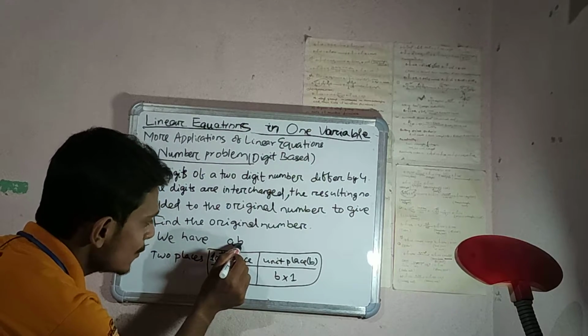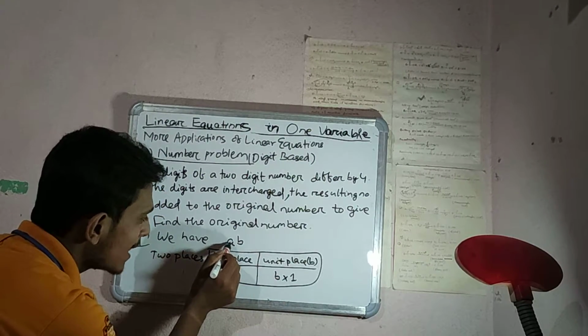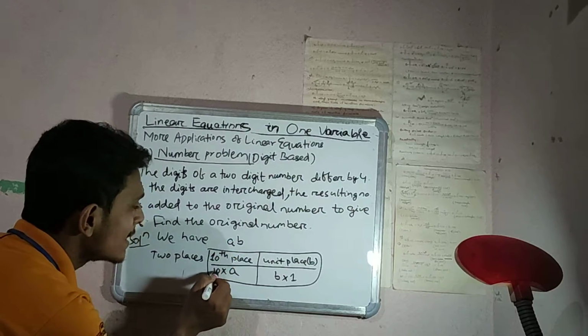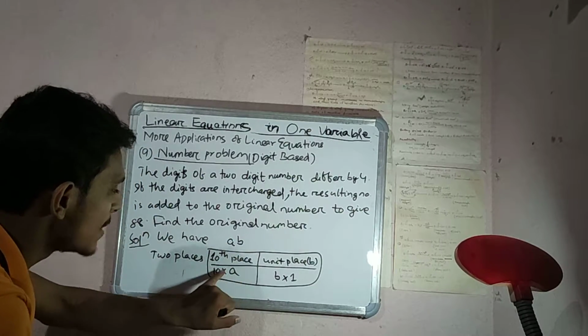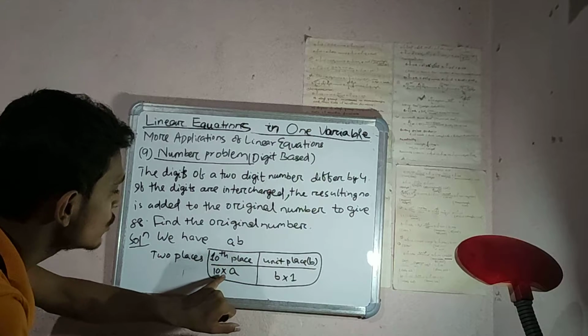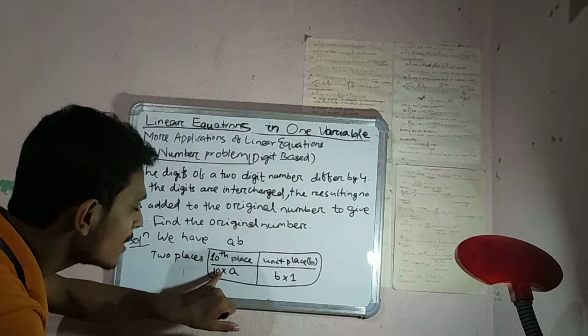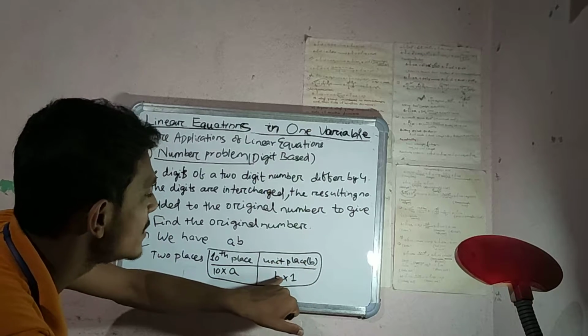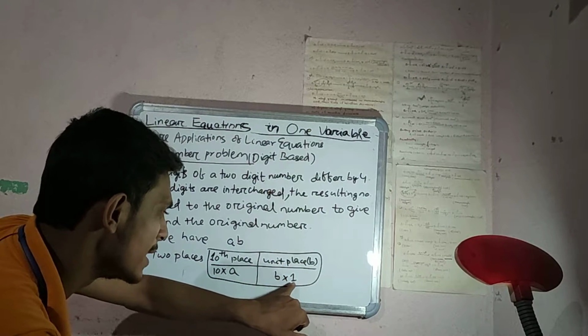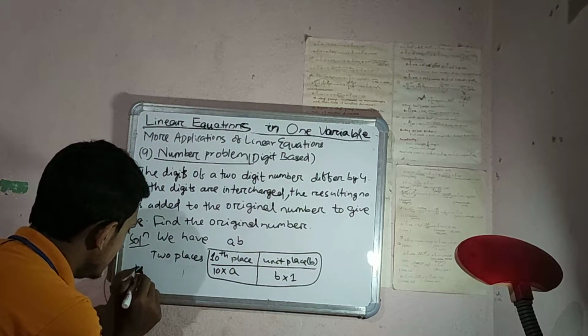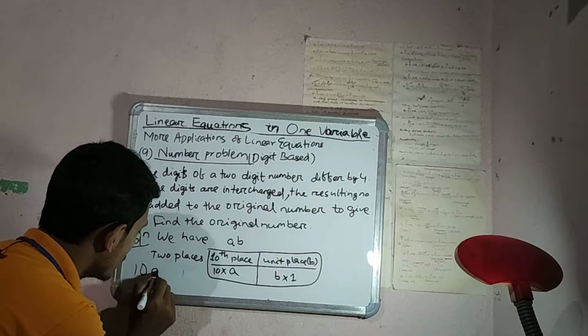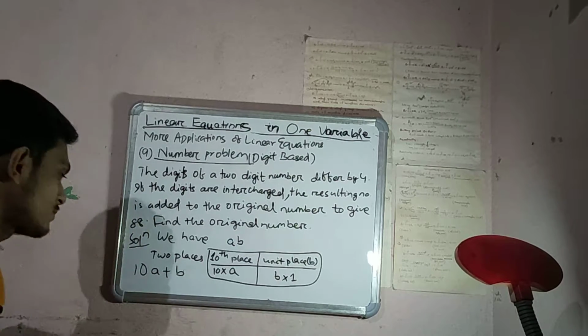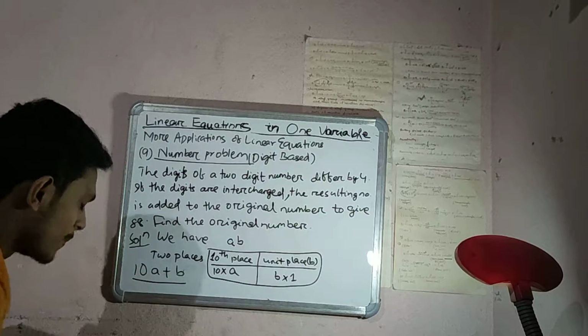The place value of B is B. This is the 10th place, so the value is 10A, or 10 multiplied with A. In the unit place, B is multiplied with 1, that is simply B. So the 2-digit number is in the form 10A plus B.